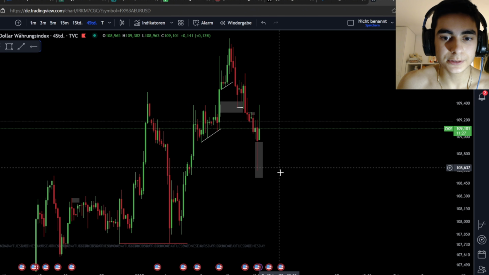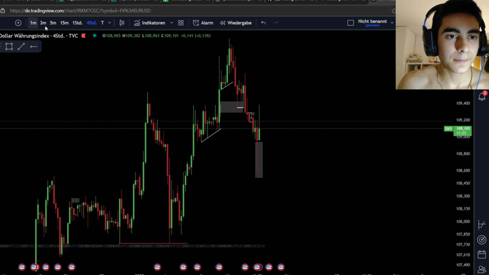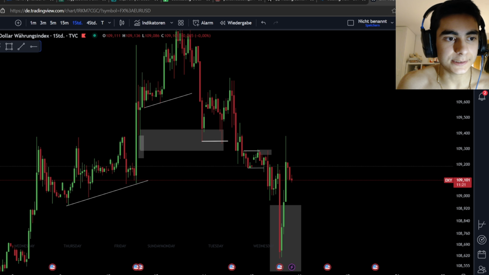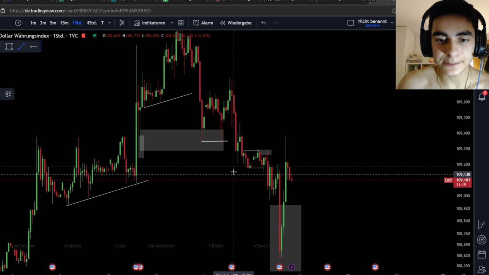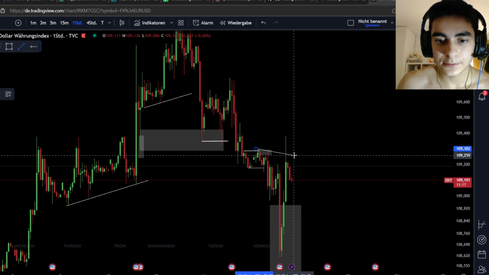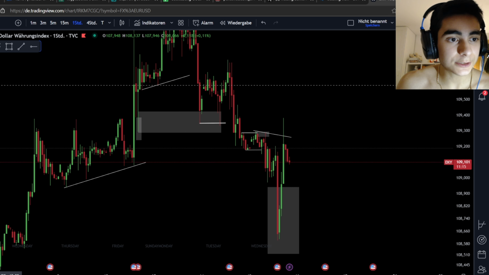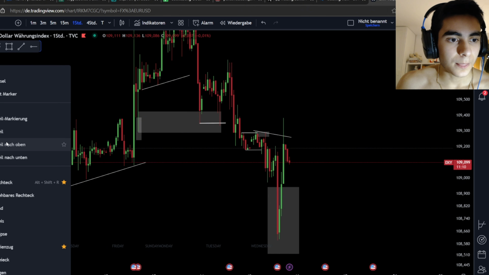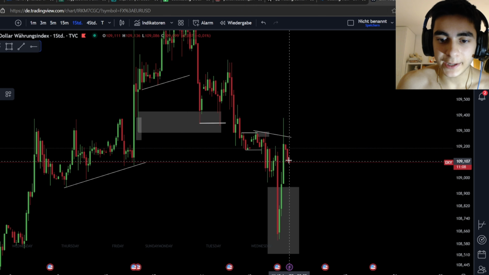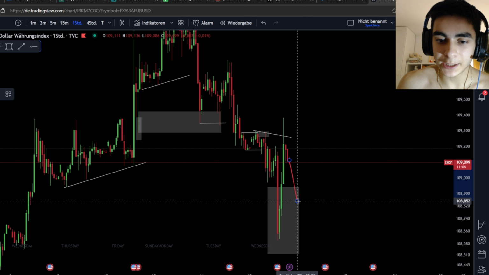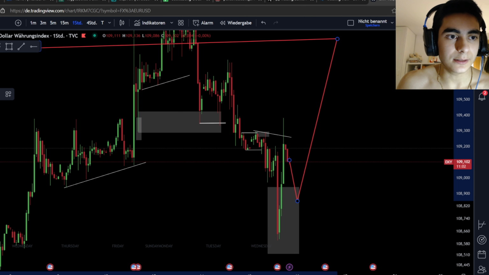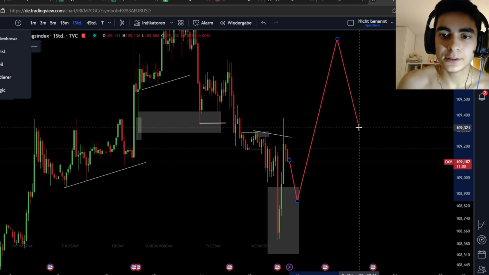This was the reaction, shot up, and on the 1 hour time frame, we can see that price cleared all of this out, which might lead to price coming back into this area, maybe to this fair value gap right here, and then proceeds to make a higher high.